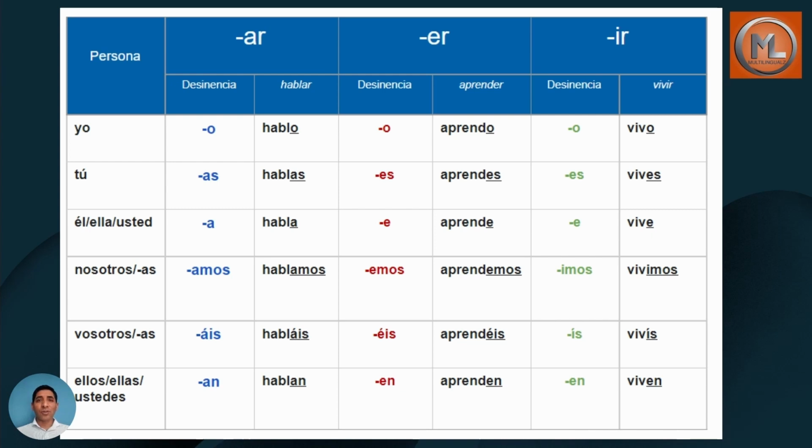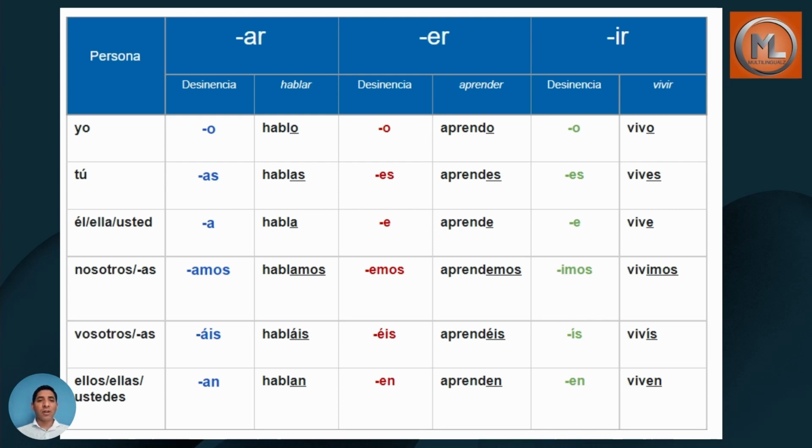The next one, nosotros, nosotras, is with IMOS. So we say nosotros vivimos. The Spanish from Spain one, vosotros, ends with is. Vosotros vivís.